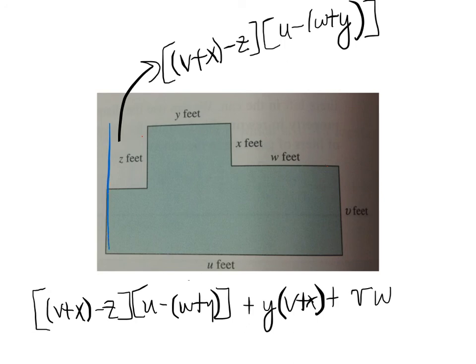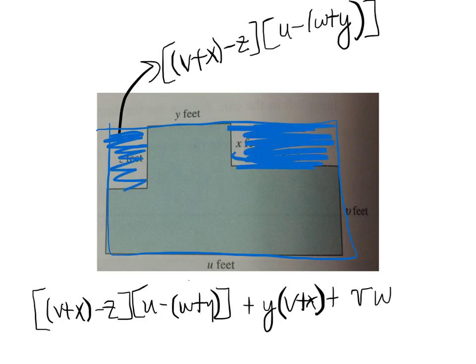So we're going to look at the whole thing, and then subtract out this rectangle, subtract out this rectangle. That would be another way to look at it. The important thing is to find the different dimensions.